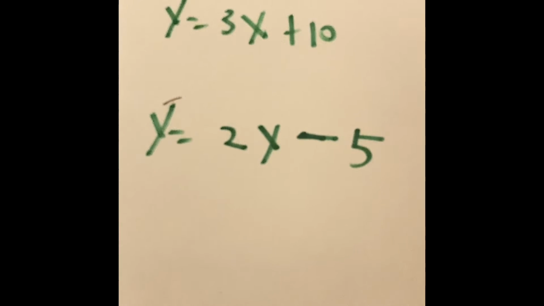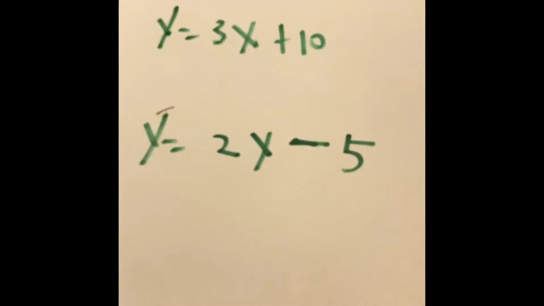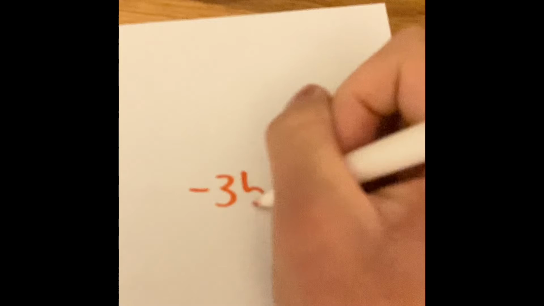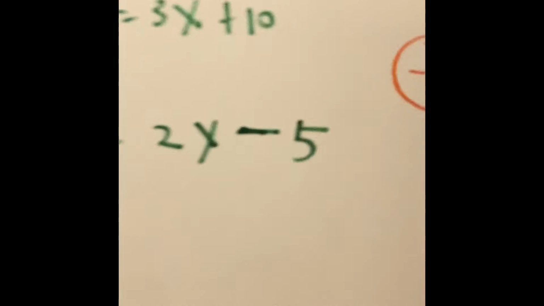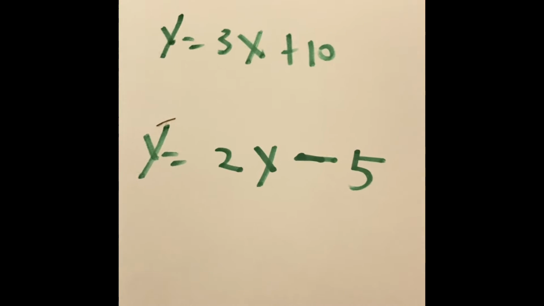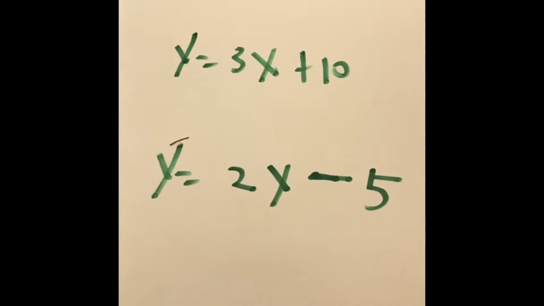When we had the two lines intersect each other on the graph, we got negative 35 as where the point intersects. So let's see what happens when we insert something in for x and then get to our y.